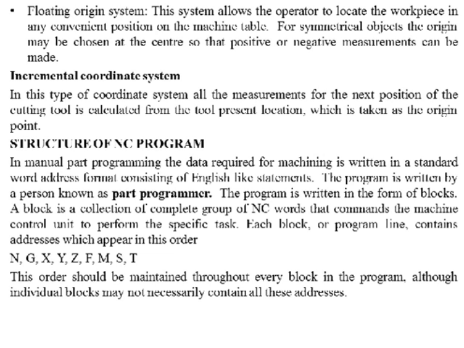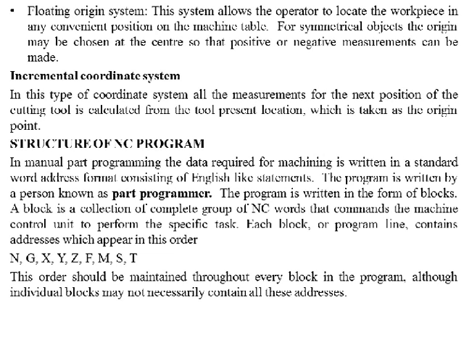It is left to the operator to decide the origin based upon the operator's interest. So usually, in the case of symmetrical objects, the origin will be chosen at the center so that we get both the positive and the negative measurements in the workpiece.